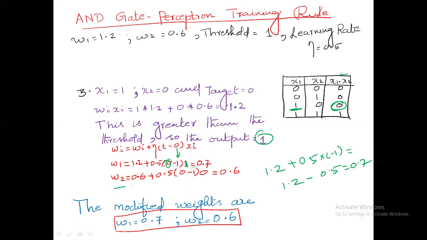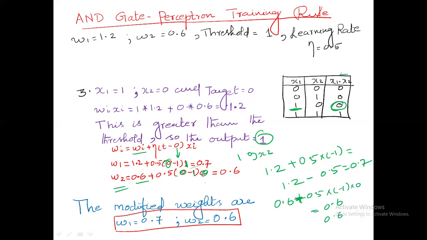And for W2 also we have to find out. The formula is the same. Here W2 is 0.6, eta is 0.5, the targeted output is 0, the observed output is 1, and our pattern is 1 0. Here X2 is equal to 0. So 0.6 plus 0.5 into minus 1 into 0, we are going to get 0.6.